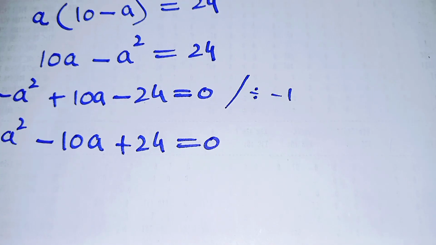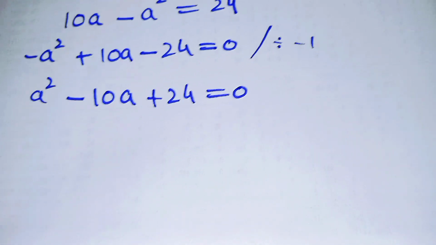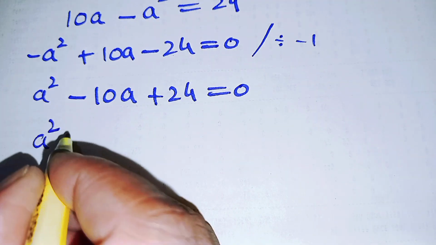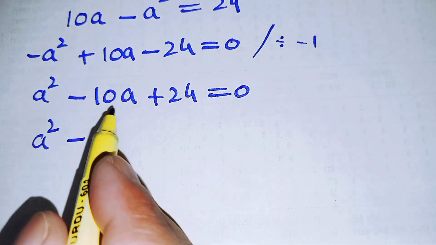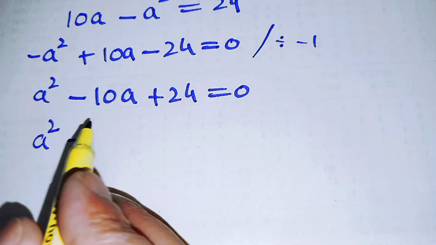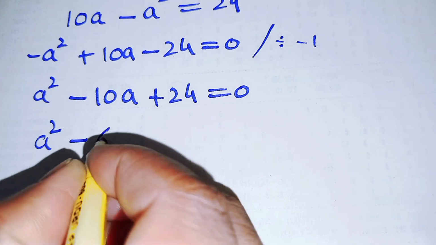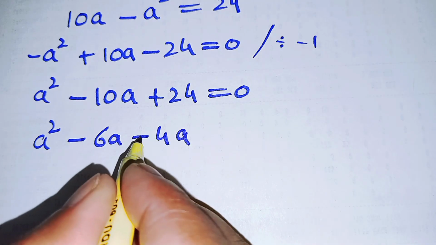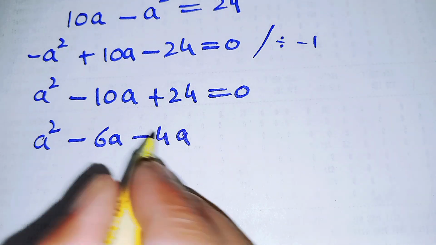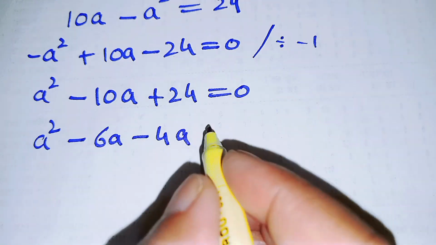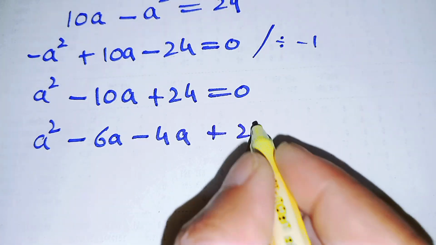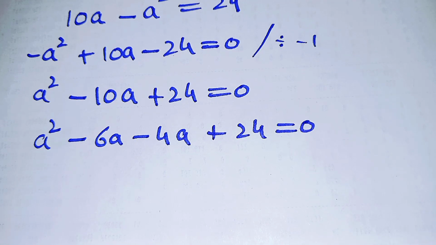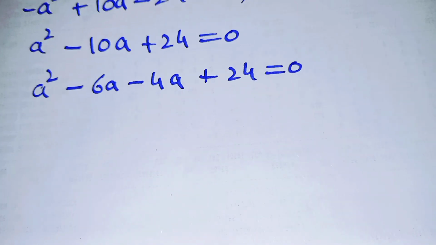In the next step, a square minus 10a plus 24 is equal to 0, and we can write 10a as 6a plus 4a, so a square minus 6a minus 4a plus 24 is equal to 0. Now we make pairs.